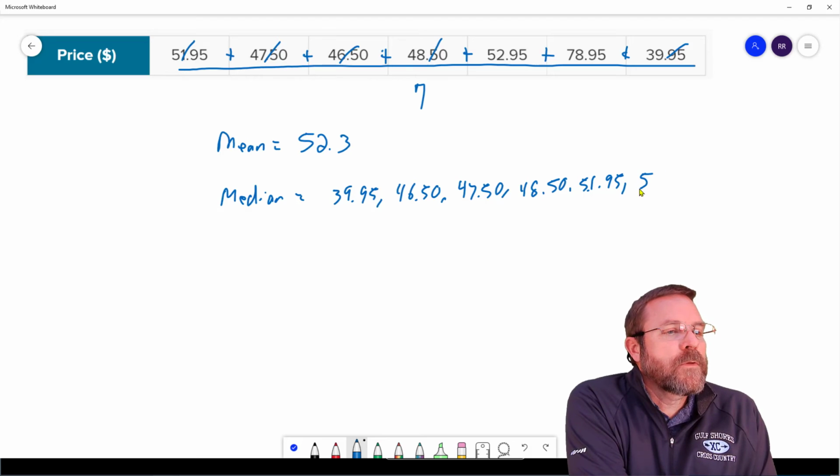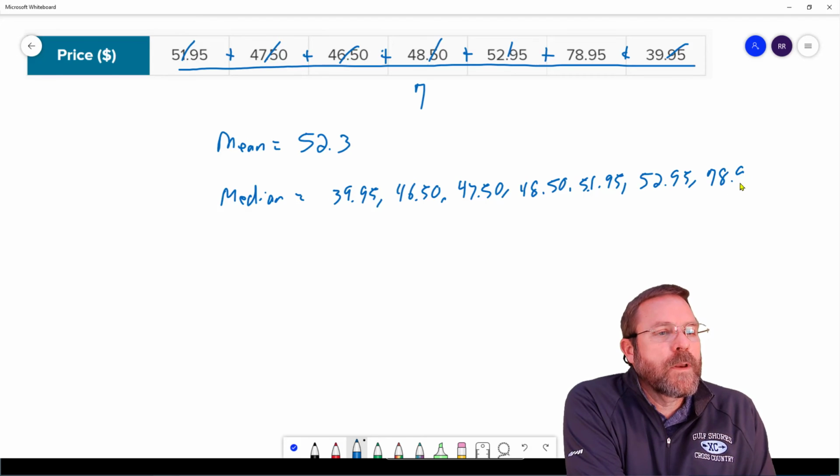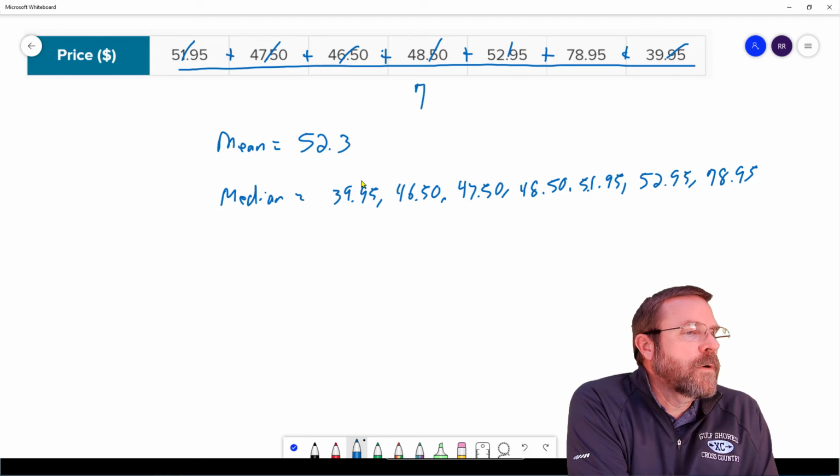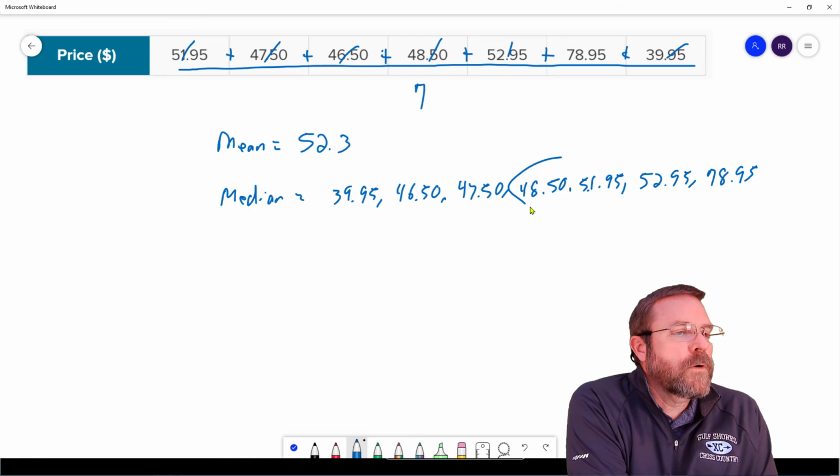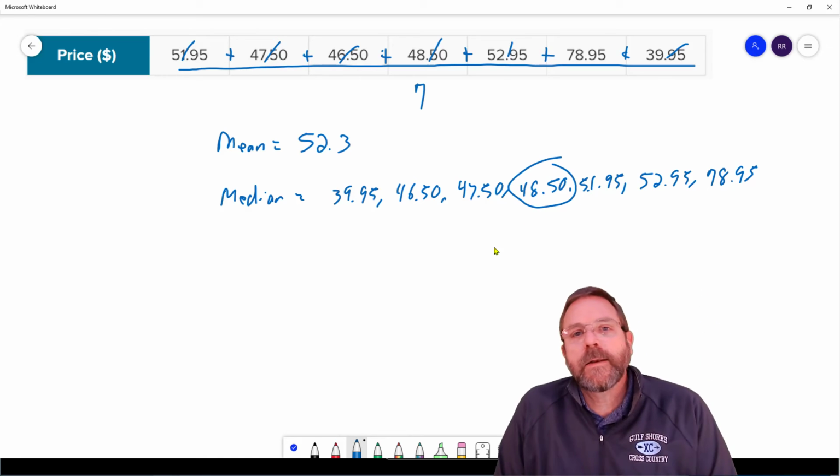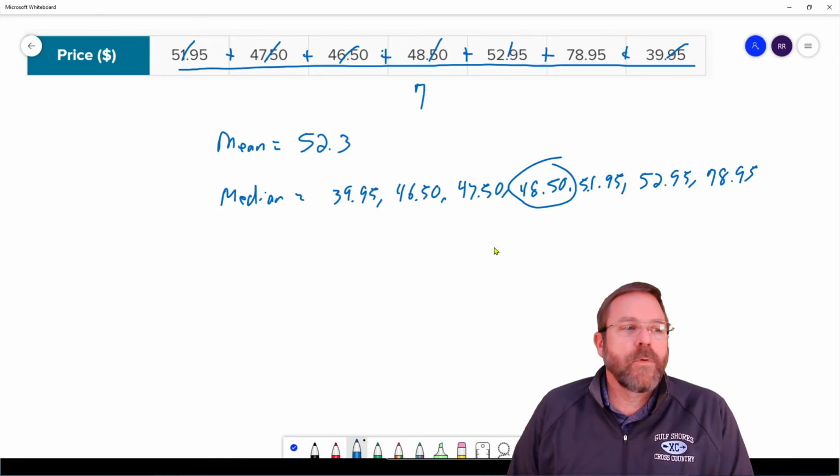My seventh is going to be 52.95, and then that outlier is 78.95. The middle number, 1, 2, 3, 4, is right there, so the median is going to be 48.5.